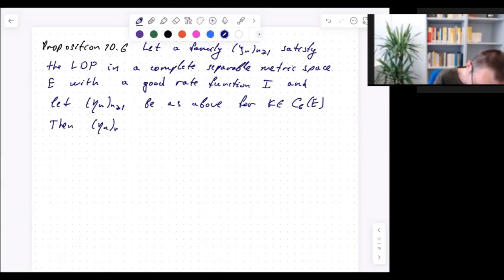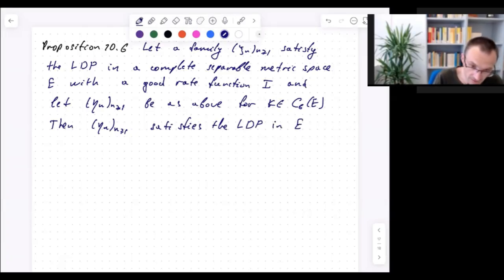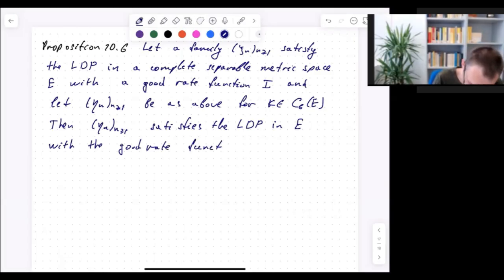eta n satisfies the large deviation principle in E with the good rate function that is given by, it depends of course on k, of x.